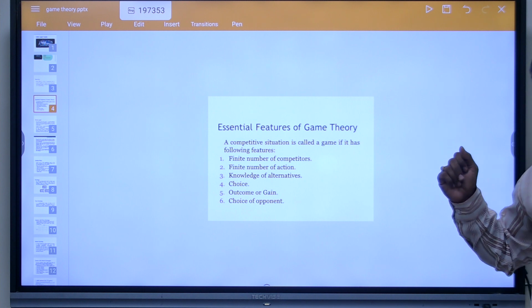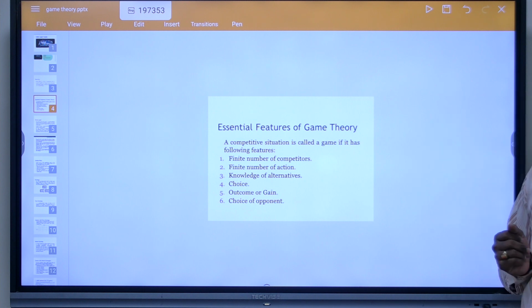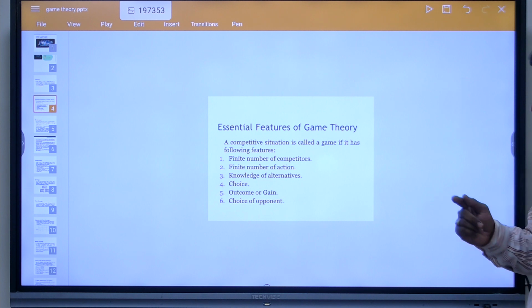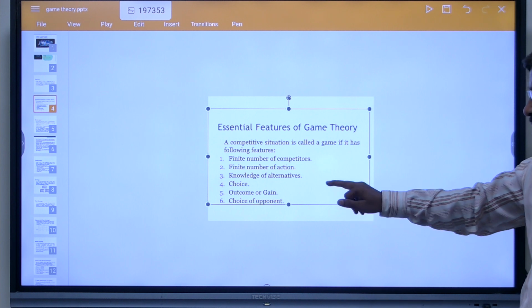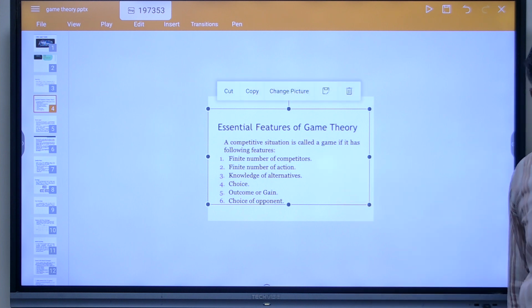We cannot play a game single-handed. We must have at least 2. So, we have a finite number of competitors, and we have a finite number of actions. That means we should have a particular number of strategies regarding our price, regarding our discounts, regarding our promotions, and so on.